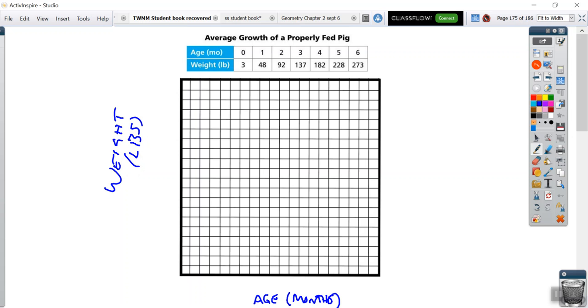So now that we've gotten our variables listed on the axes, we are going to have to scale this graph. We need to put the numbers on both axes. Obviously for age, we go from 0 to 6 months, so we need to get 0 to 6 months on our graph. I'm going to start at 0, which makes obvious sense.